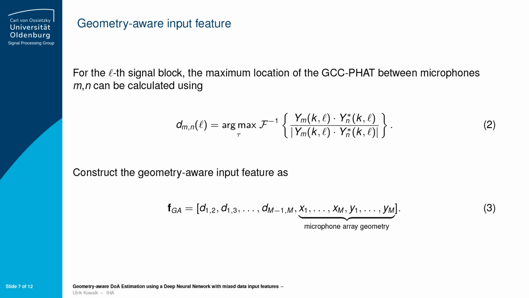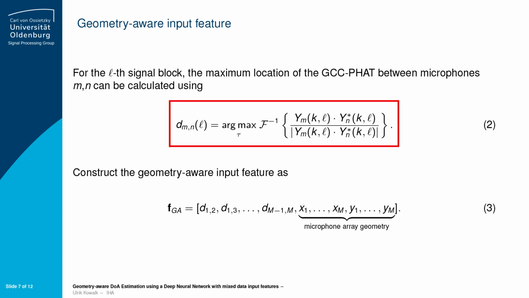To arrive at an input feature, we determine the location of the GCC-PHAT maxima. For the l-th signal block, the maximum location of the GCC-PHAT between microphones m and n can be calculated using equation 2.